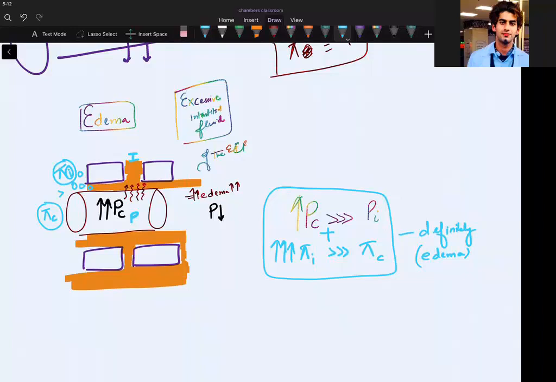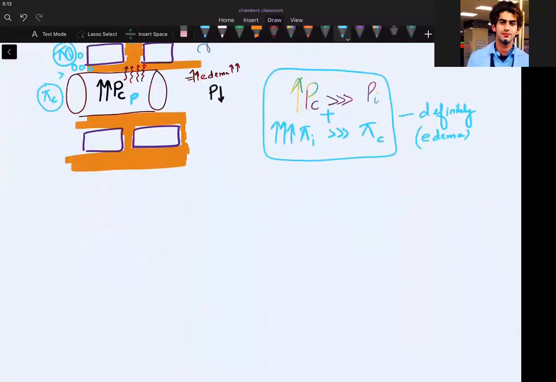So we have transudate. We have types of this edema. Just write like this: types of edema.